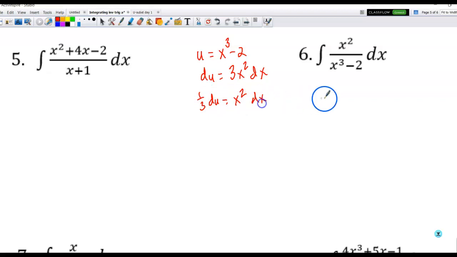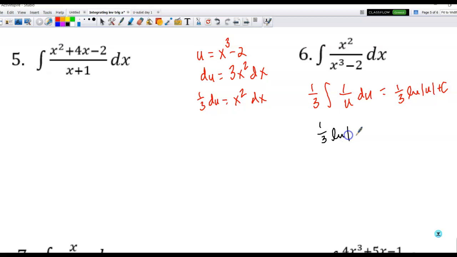So that's going to give me 1/3 antiderivative of 1 over u du. And so that will give me 1/3 ln absolute value of u plus c. But remember, I have to make my resubstitution, so I have 1/3 ln absolute value of x cubed minus 2 plus c.